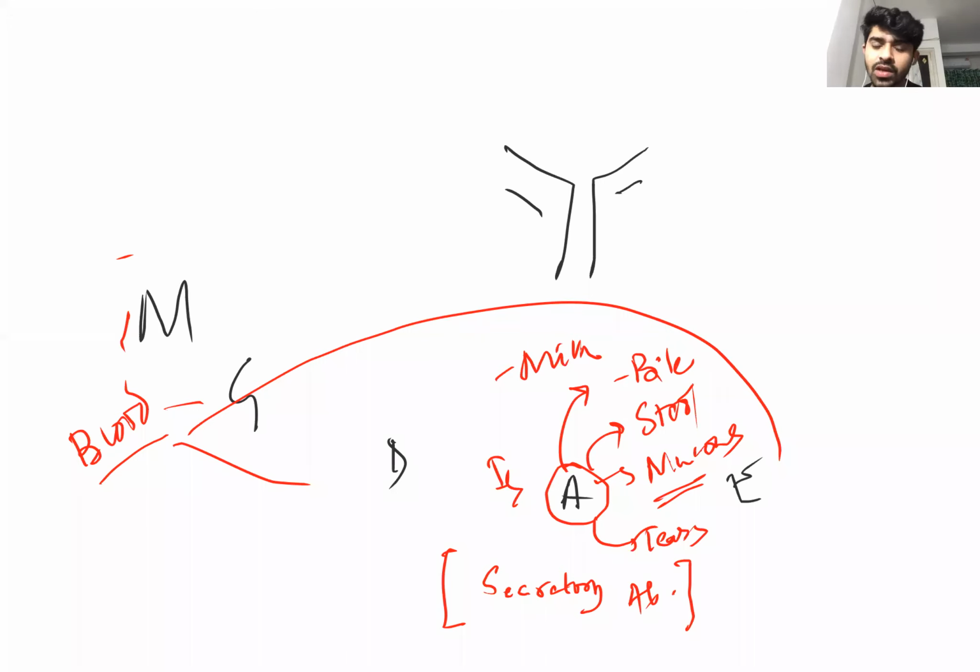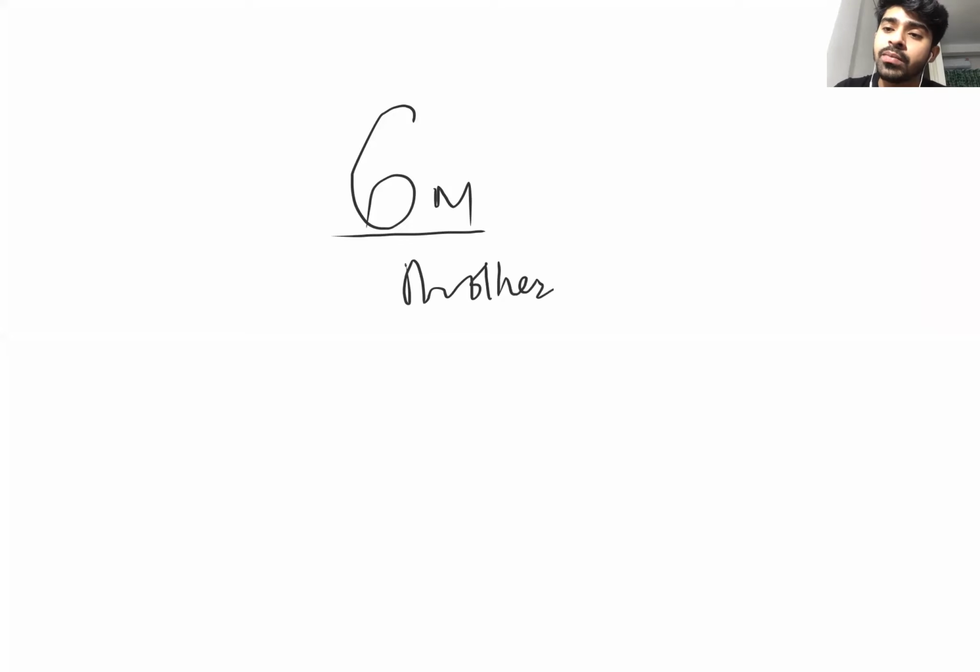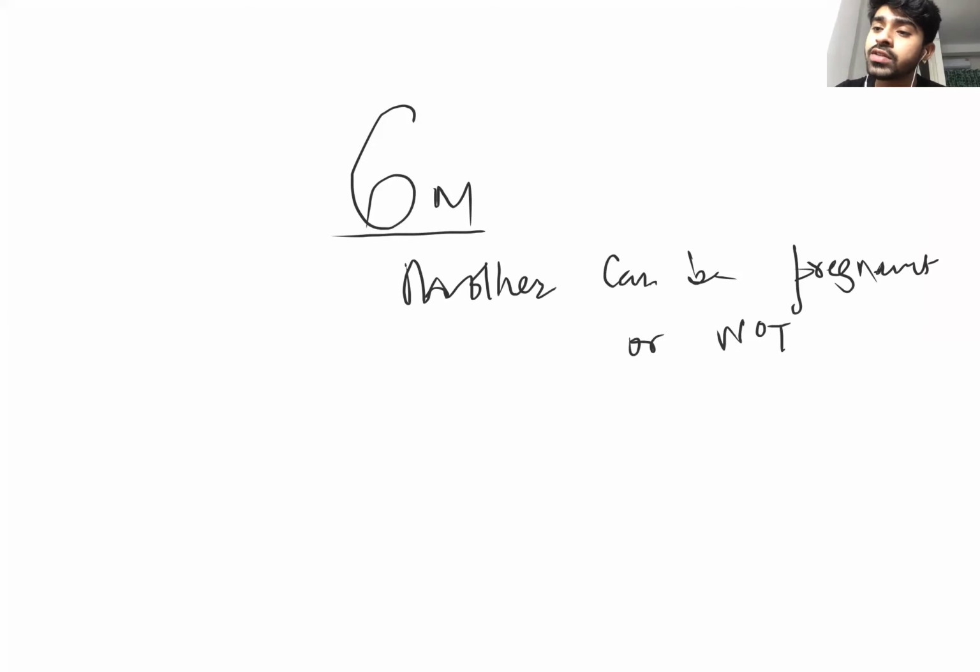Okay, the next thing: just one question I'm asking right now. In the phase of 6 months, I mean exclusive breastfeeding, can the mother be pregnant or not? What's your answer?